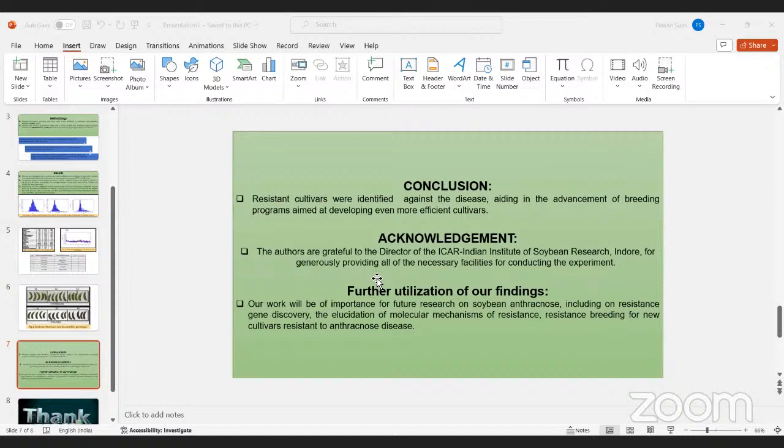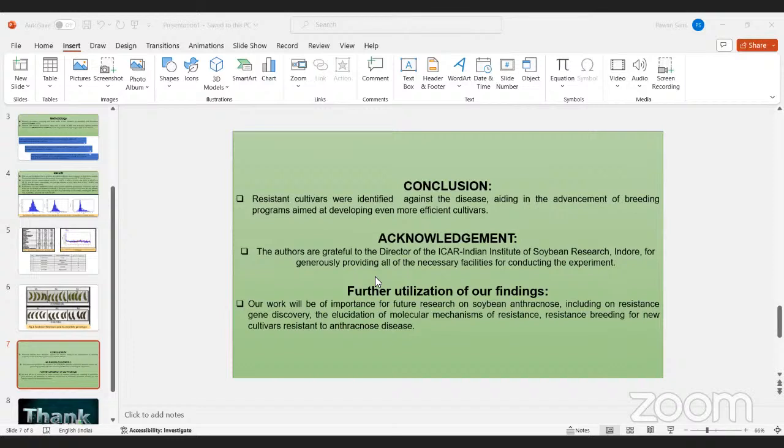Conclusion: we identified different genotypes with different anthracnose resistance potential. Further utilization of our findings: as it is a running project, we have some results which we will compare with earlier results we got last year season.